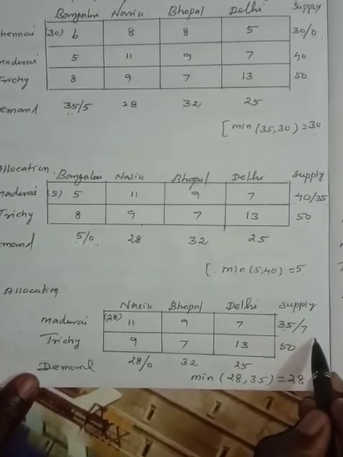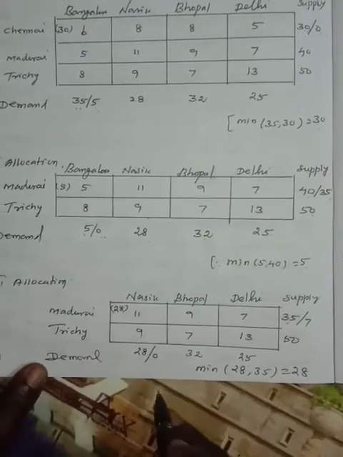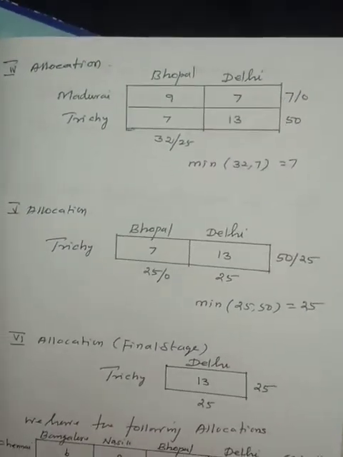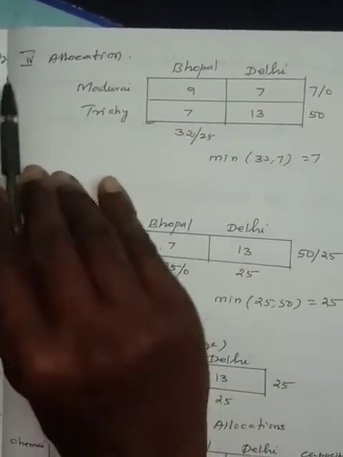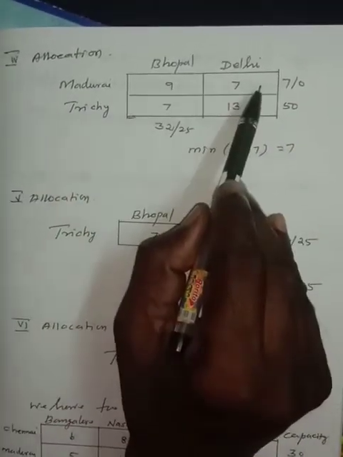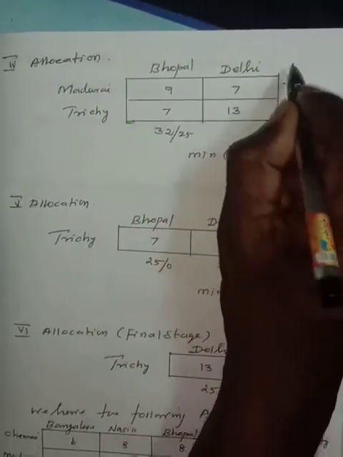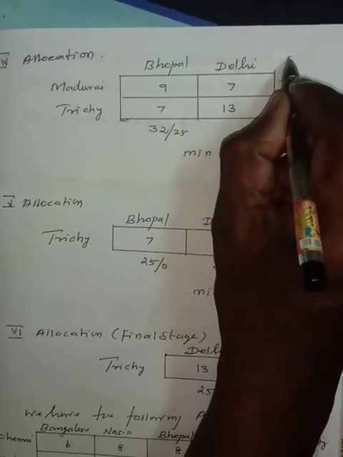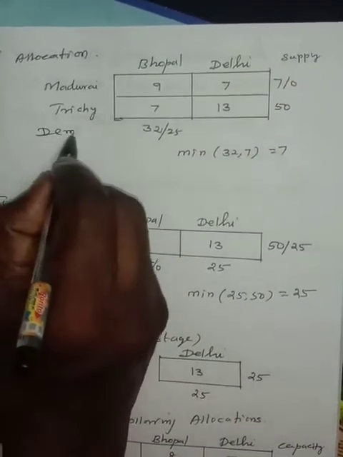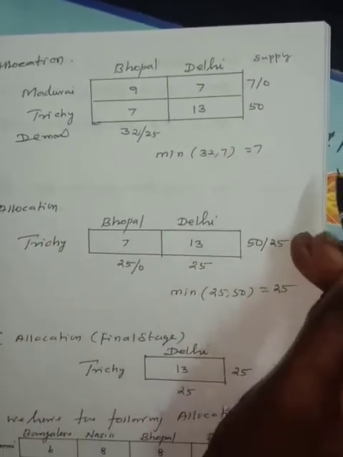Now 0 is the first column, the Nasik column. So delete the Nasik column. We get this table: Bhopal, Delhi columns. Now demand 32 and 25.